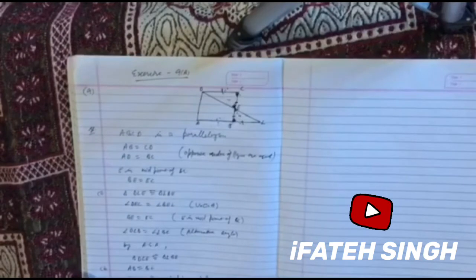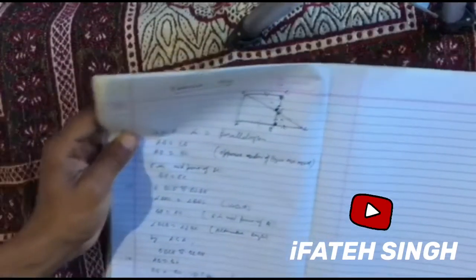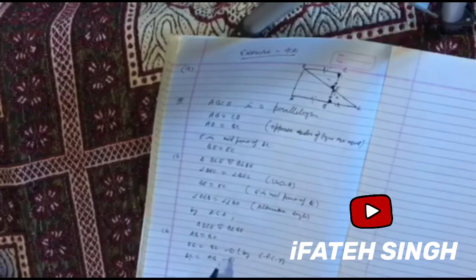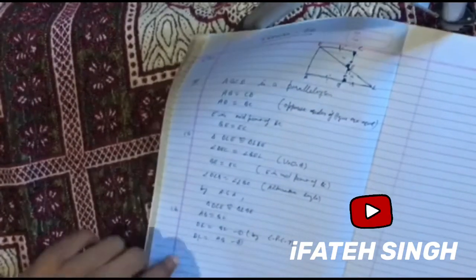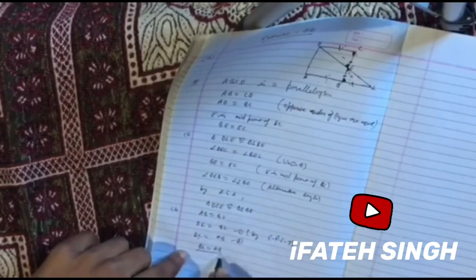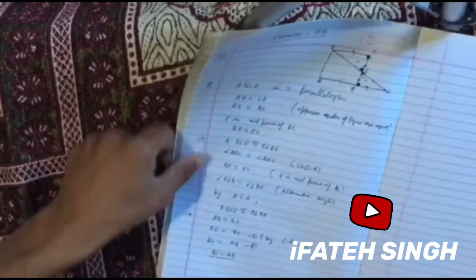From 1 and 2, left hand side is equal, therefore right hand side should be equal. It means BL is equal to AB. This is the second part.